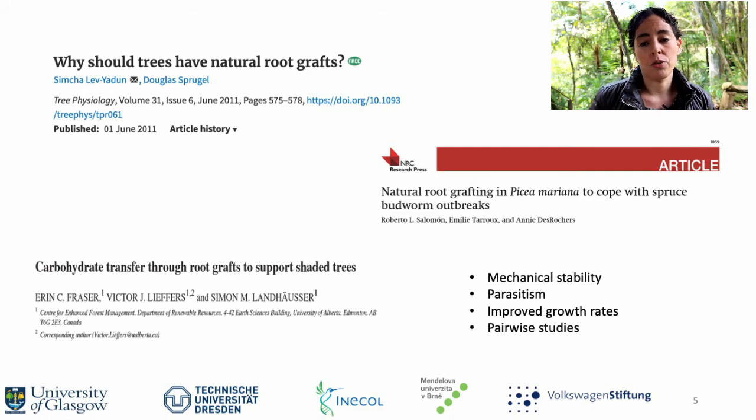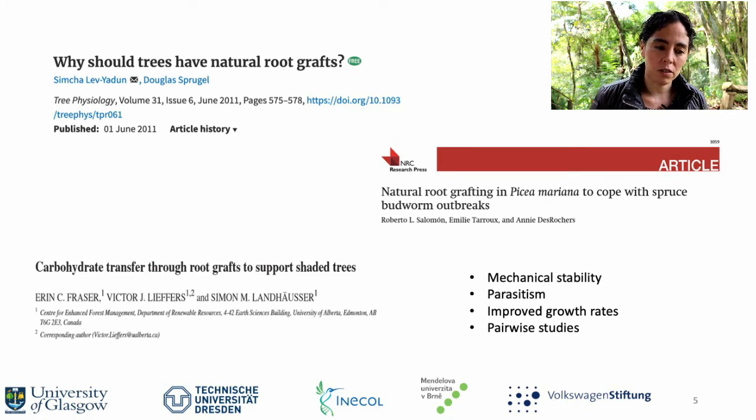And when they are grafted, trees are less affected by budworm outbreaks, or they can recover faster from them. Even increased growth rates have been reported for grafted pine trees when the grafts are fully formed and functional. So this is suggesting that root grafts are a vector of cooperation.